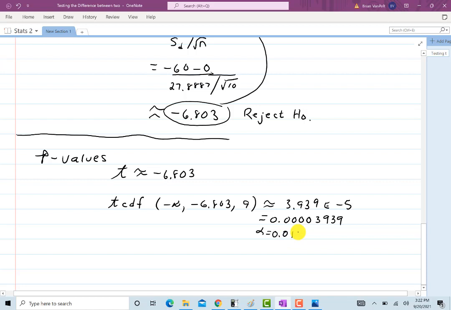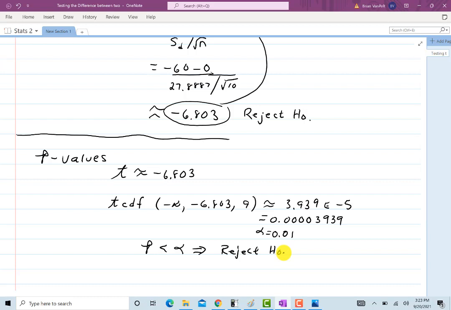So alpha is quite a bit bigger. P is less than alpha, so that means that you reject H naught. And if you remember, in this particular case, rejecting H naught means that the training that was given between the exams was probably successful.